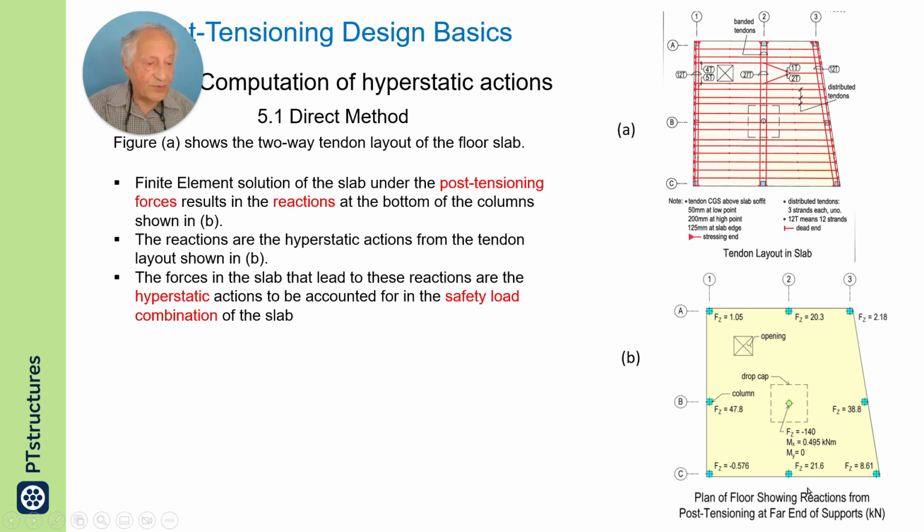These are the support reactions. Then you create a new system matrix, a totally new solution in which you apply the reactions at the bottom of the columns to this new structure.